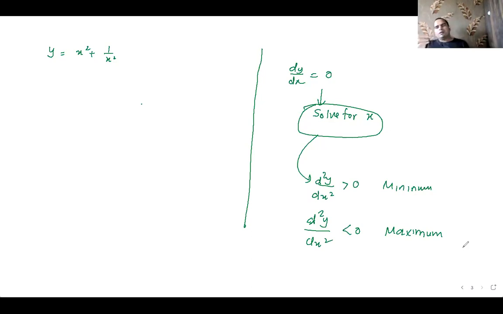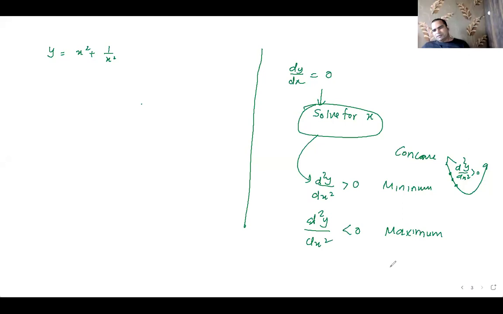Now, why do we say the double derivative is greater than 0? Generally, just remember that the double derivative represents concavity. For concave up curves, which is like a minimum curve, the double derivative is always positive. So for any of these x values, if you plug them into the second derivative, you'll notice that the answer is positive.